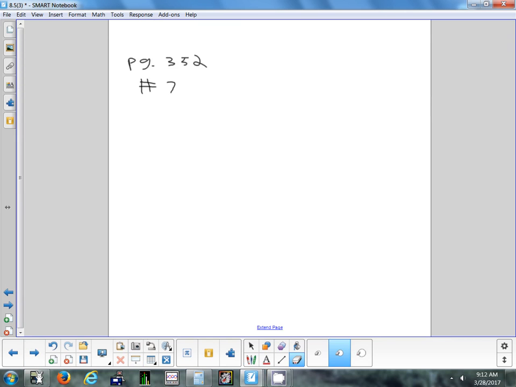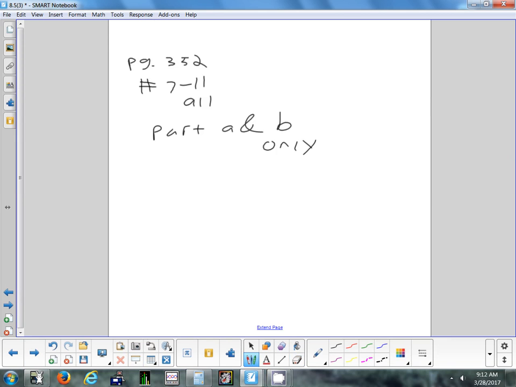Do all on that, 7 through 11. Okay, and the directions ask you to do 3 things. Just do parts A and B. Part C asks if the vectors are parallel or perpendicular. We haven't talked about that. You can probably guess what the angle would be if the vectors were perpendicular, but hold off on that. Just do parts A and B.